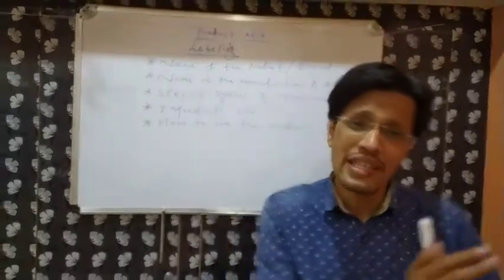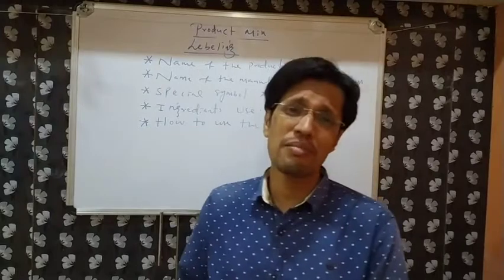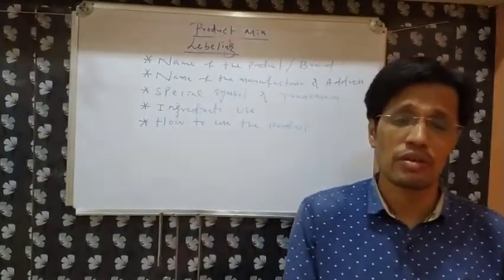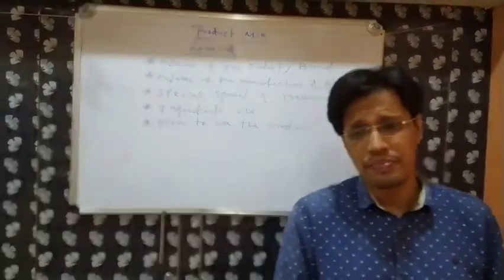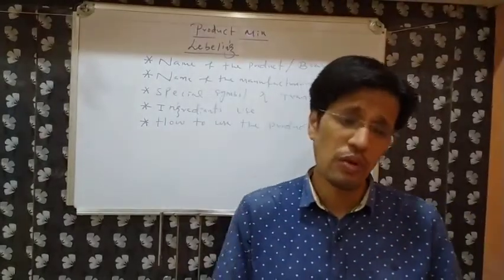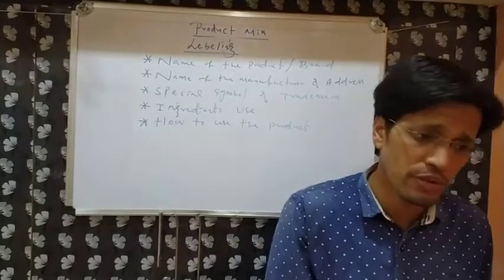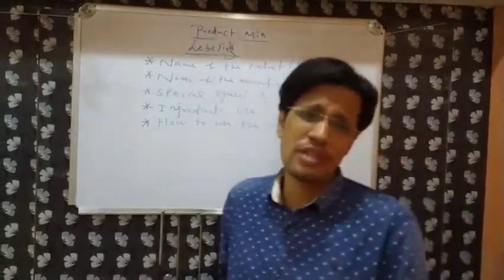The detailed information in written dialogue clearly mentions how to use this particular product, whether it is a detergent product or a medicinal product, in how much proportion of water, how much proportion of the solution is to be prepared in order to get the best result.